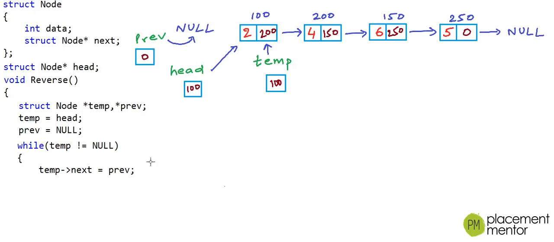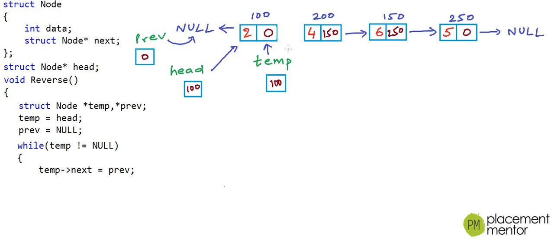So we will set the link part of the current node as the address of the previous node. In our example here, at the first step we will say that temp.next will be 0. Null is nothing but address 0. So we will cut this link and we will build this link. Now we should be able to move temp to 200 now, and we should be able to move previous to 100 now in the next step.